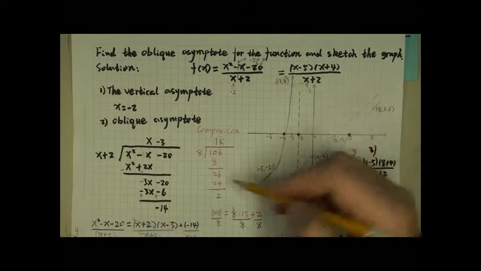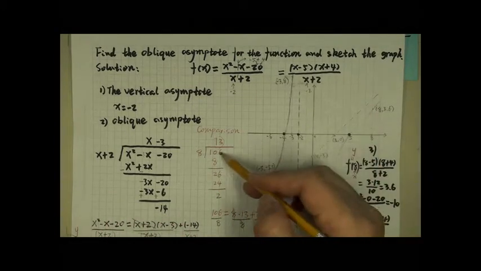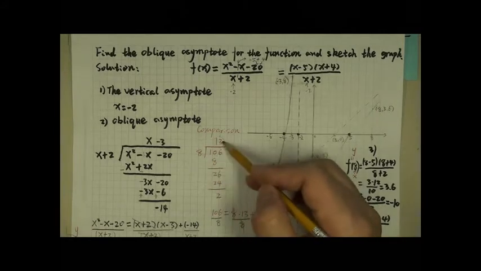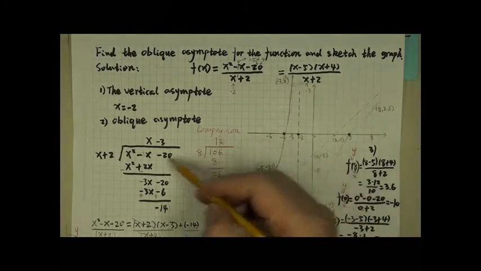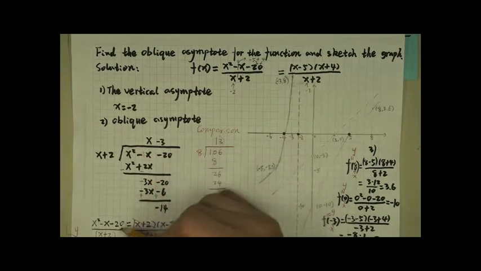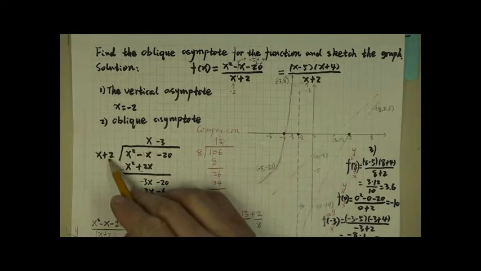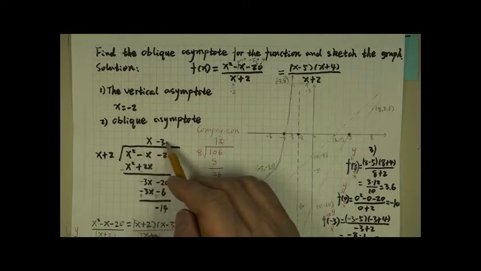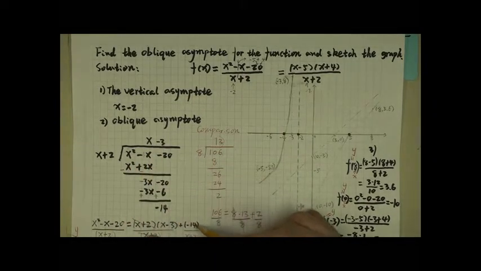Similar to this one, 106 equals 8 times 13 plus 2. Here is the same. x squared minus x minus 20 equals x plus 2 times x minus 3 plus negative 14.